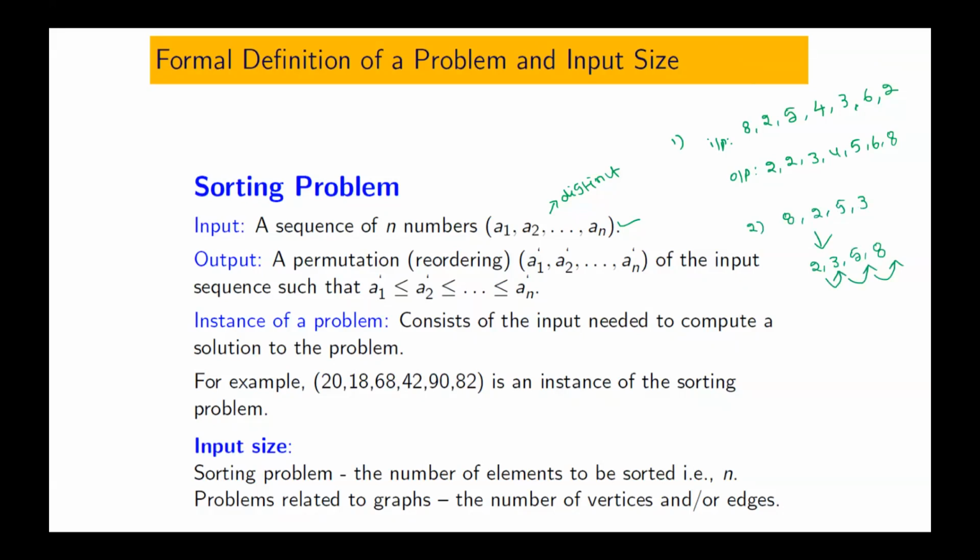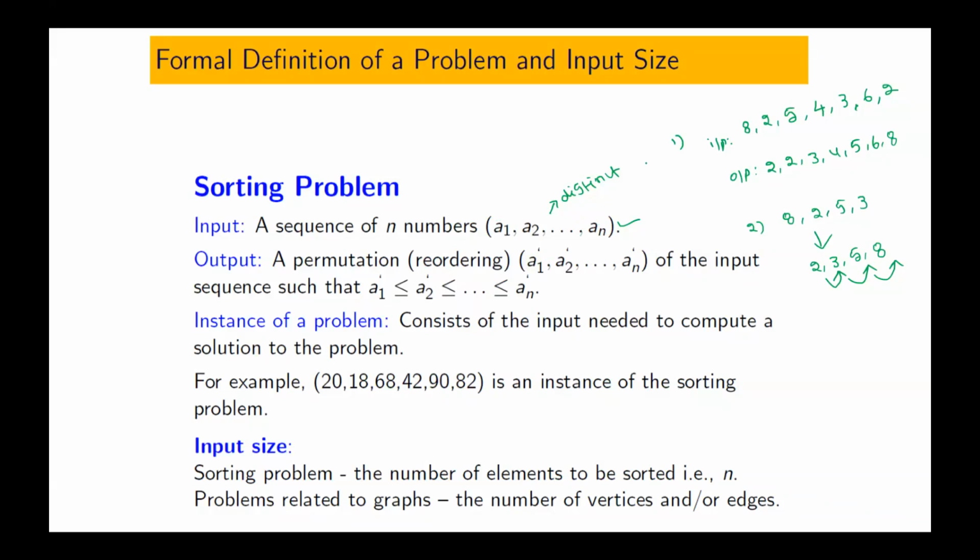Is that okay? So what is the input in case of the sorting problem? A sequence of n distinct elements; we can allow even equal elements. What is the output? A permutation or reordering of these elements such that the first element is less than or equal to the second element, less than or equal to the third element, and so on.